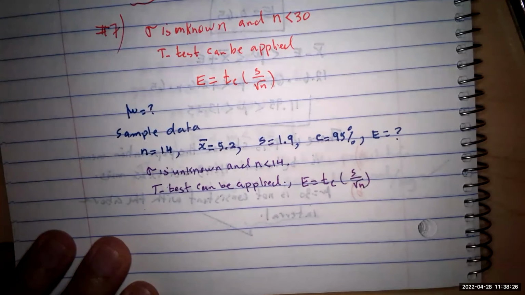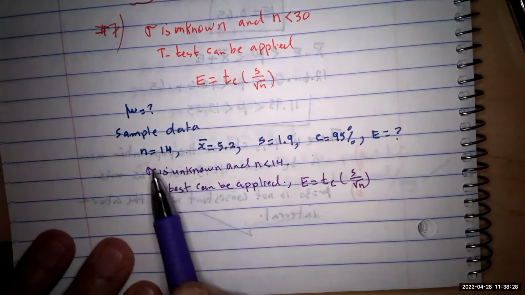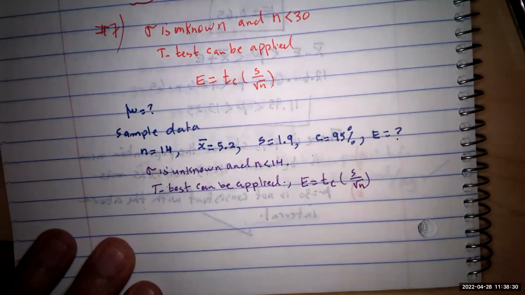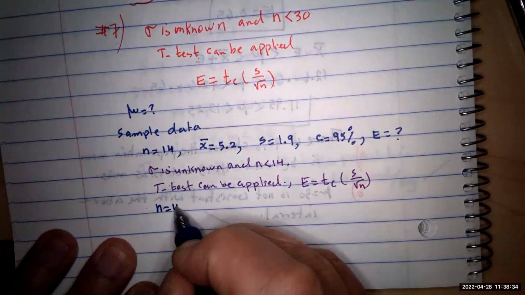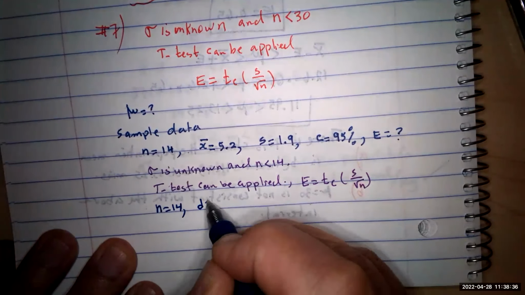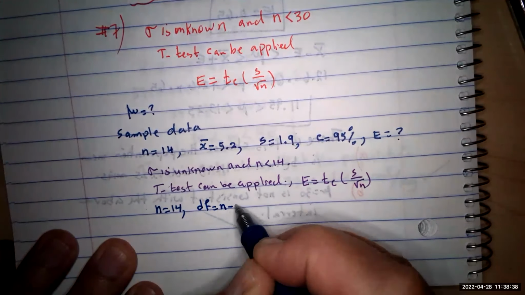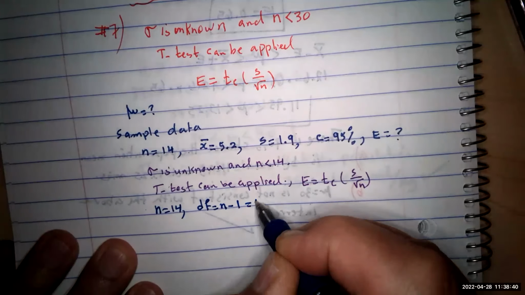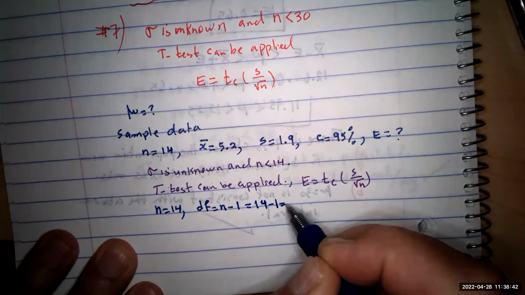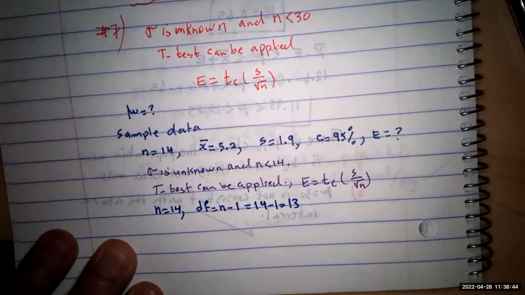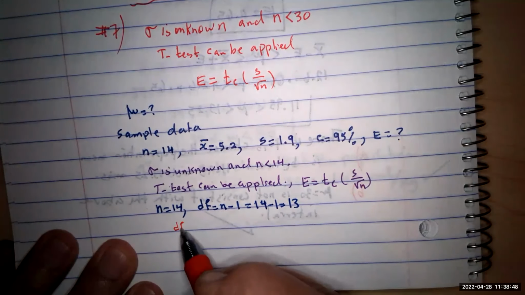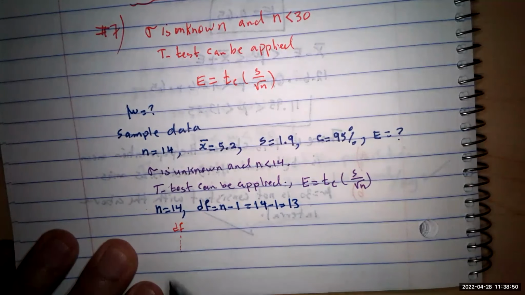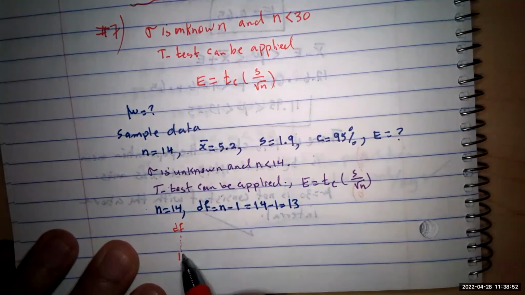But you have to find the TC. So we get the DF first. You see, N is equal to 14. So degree of freedom is N minus 1, which is 14 minus 1, which is equal to 13. So you go to that table that we have. You see the table. This is the DF on the table. So you identify the 13.